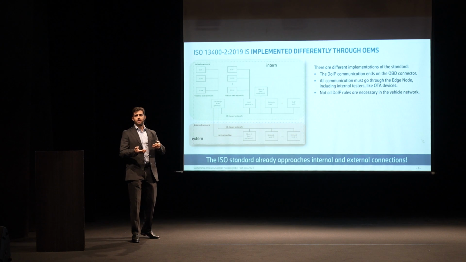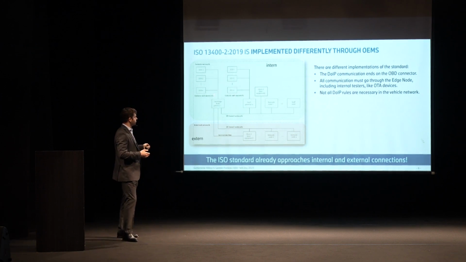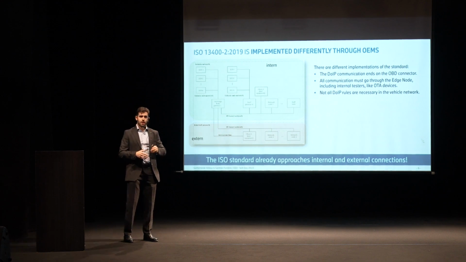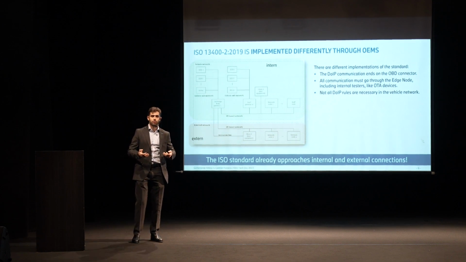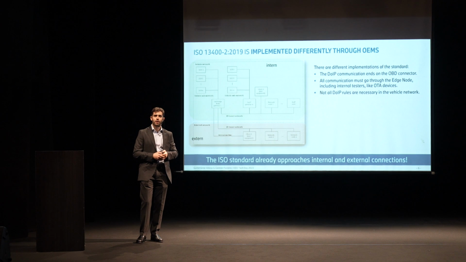Others are designing the network so that all the communication must go through the edge node, through the gateway, including the over-the-air testers. And for some others, well, they just think that not all DoIP rules are necessary in the vehicle network. And all of these approaches are fine as long as you're complying with the current legislation.